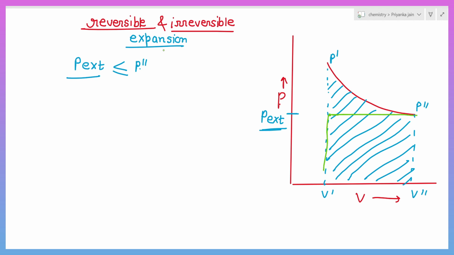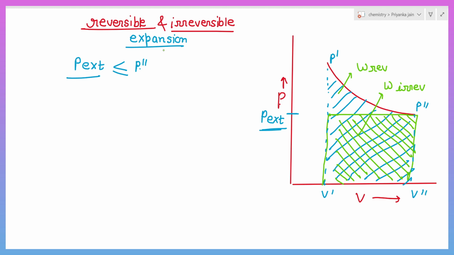The area under this green line will show the work done in the irreversible process. So this is the work done in the irreversible process, and this whole area was the work done in the reversible process.